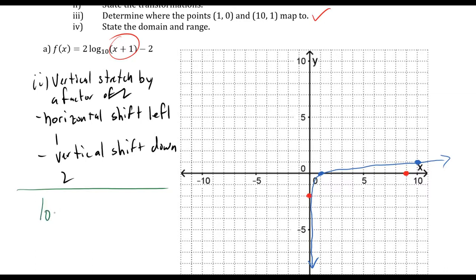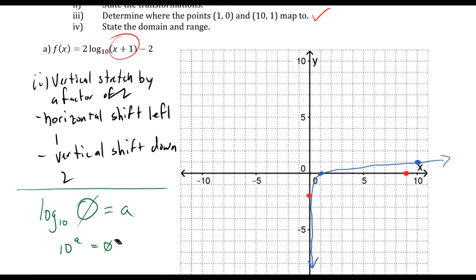So log base 10 of 0 equals x, or let's say equals a, so we don't get confused with x in the graph, means 10 to what exponent will give you 0? Well, that's not possible. There is no exponent that will give me a value of 0.